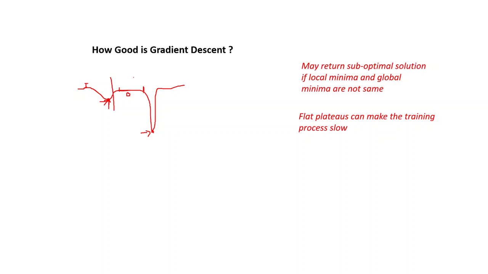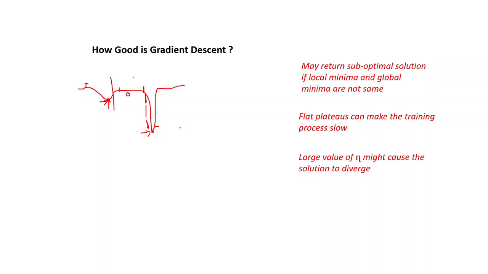So the step size is going to be large. You're falling very fast, and since your step size is fixed, instead of hitting this point, you end up at this point. You just missed this point because of the step size. So this is also another problem.